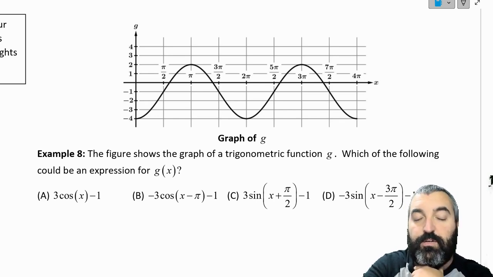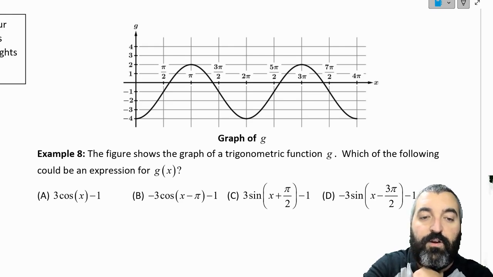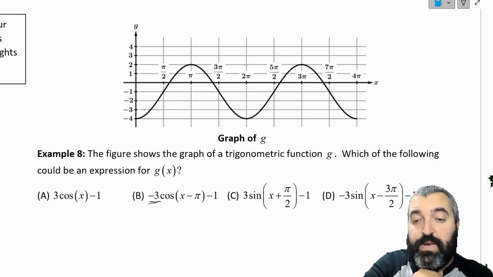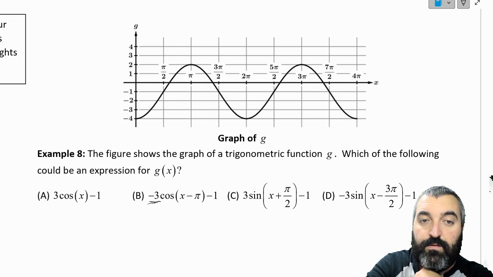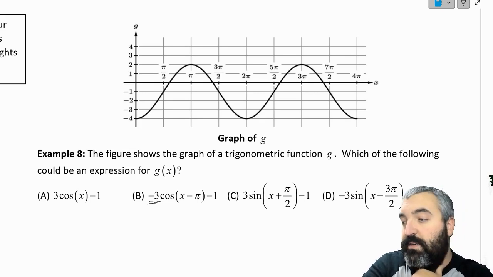You look at this and you're like, oh, it's a negative cosine. Well, if you look at the negative cosine answer choice, it also has a shift to the right by pi, which means that where it would actually start is here, the negative 3. So it does not match up with this one.